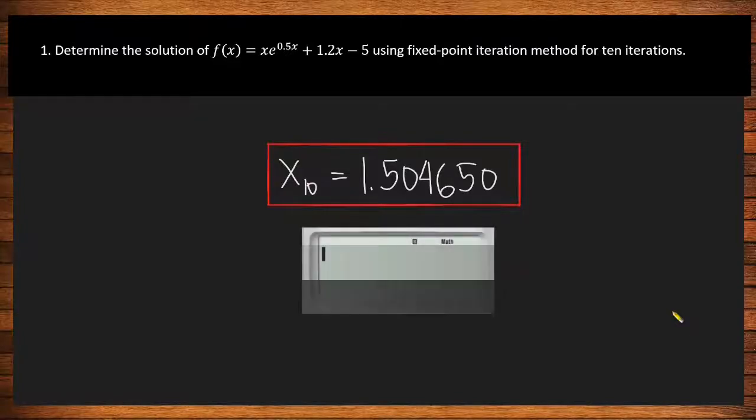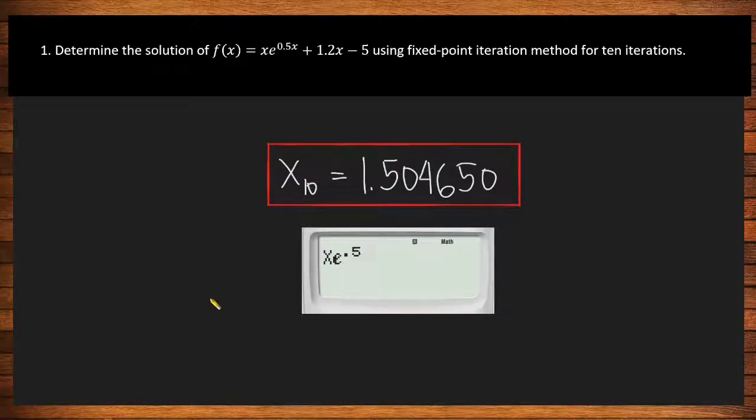So now, let us try to compare the value that we have obtained and then yung value na makukuha natin if we use the shift solve function of our scientific calculator. So ilalagay lang natin yung given function natin dito and then press shift solve, enter our initial guess which is equal to 1. And then, ito yung sagot na binigay niya.